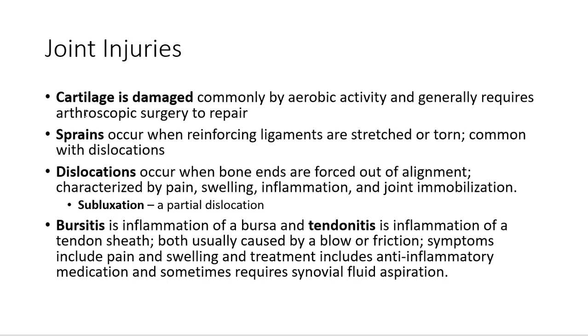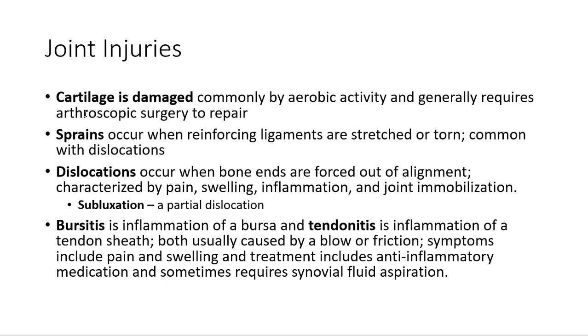So speaking of joint injuries, when cartilage is damaged, commonly by anaerobic activity, it's generally going to require arthroscopic surgery to repair because it's not well vascularized. It doesn't have blood vessels, so nutrition and repair are very hard for cartilage on its own. Sprains occur when reinforcing ligaments are stretched or torn.